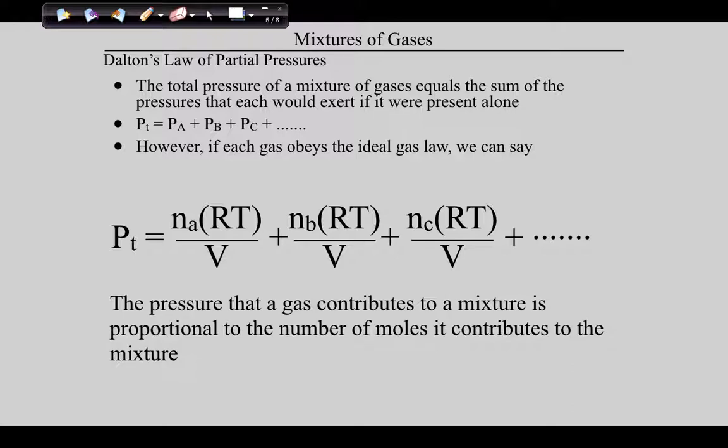So guys, this idea of proportionality tells us that if we know the relative number of moles of gas in a mixture, we also then know the relative pressure of those gases in the mixture.